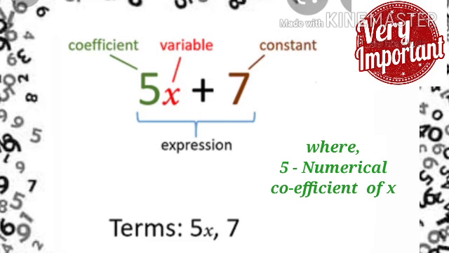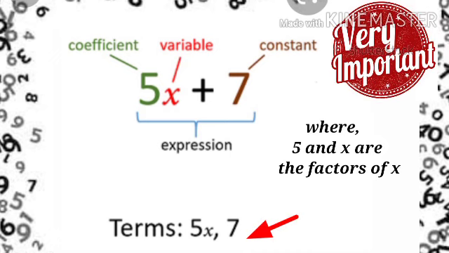However, the numerical value 7 is called a constant, which is a fixed value. Here, 5x and 7 are said to be the terms of the algebraic expression 5x plus 7.